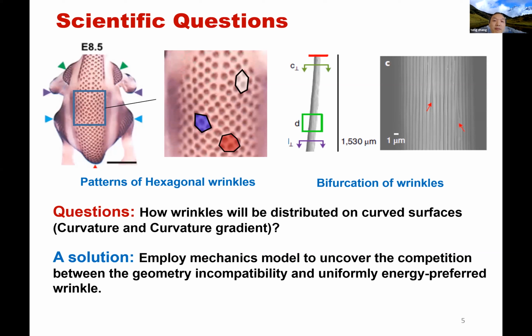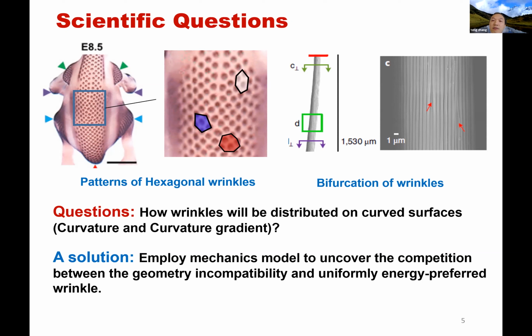I will show some results from a mechanical model that we developed to study the competition between this geometry incompatibility and the uniform, energy-preferred wrinkle. We know that if we treat these patterns as wrinkles, the wrinkle is formed due to energy minimization.